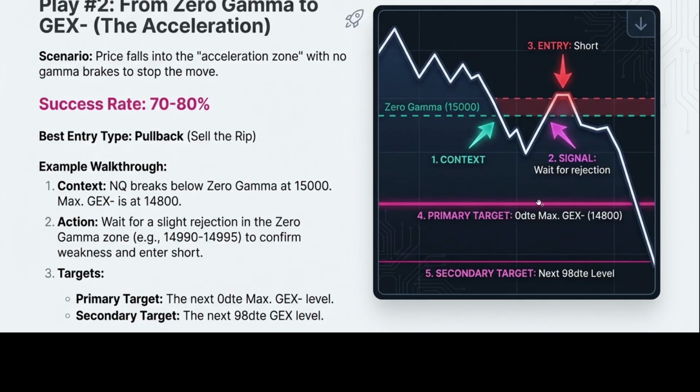Okay, and as in play 1, you have two types of target, the 0 DTE and the 98 DTE. You can close your position here at the primary target or at the secondary target. This is your decision when to close your position.